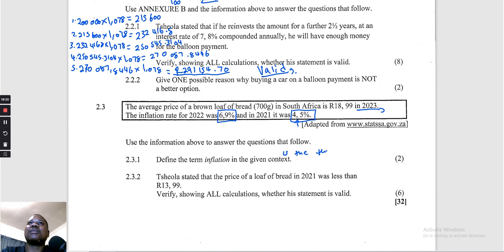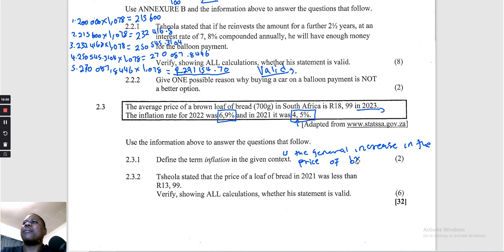I'm just going to write, is that there? Is the general increase in the price of bread. Why am I saying bread? In this context, I'm not even going to say bread.